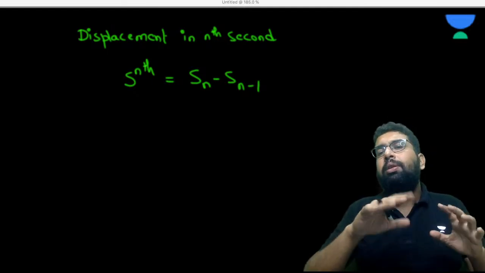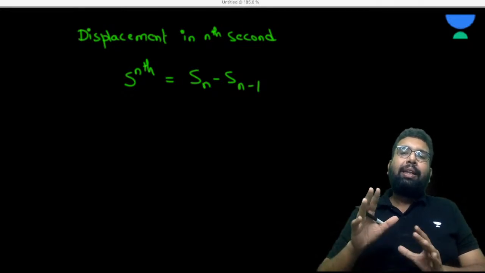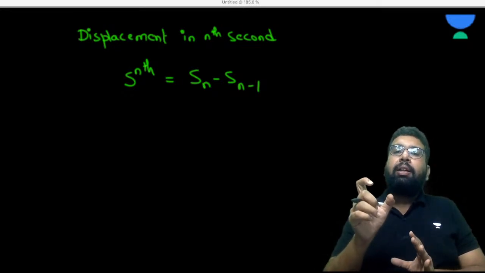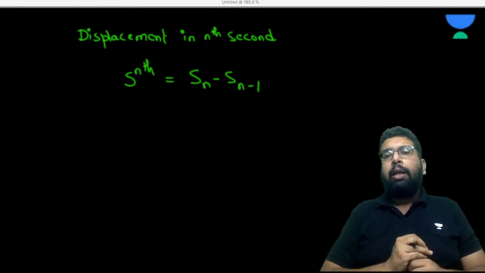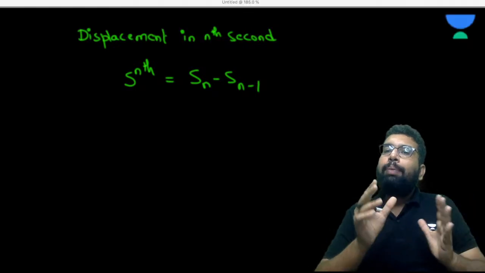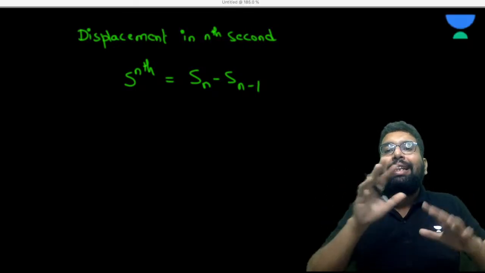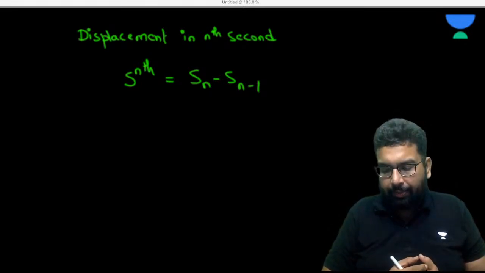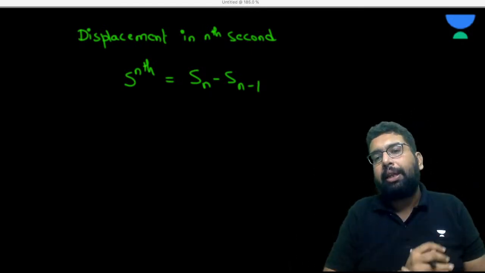They say this in reference at times. Basically, this is the displacement given in a second. So when we say displacement in nth second, this displacement happens to be per second, isn't it? So in that sense, it is LT minus 1. But it depends upon in what reference you are seeing it.